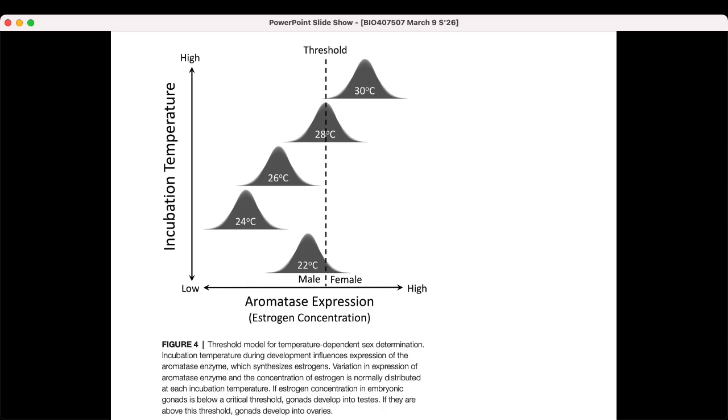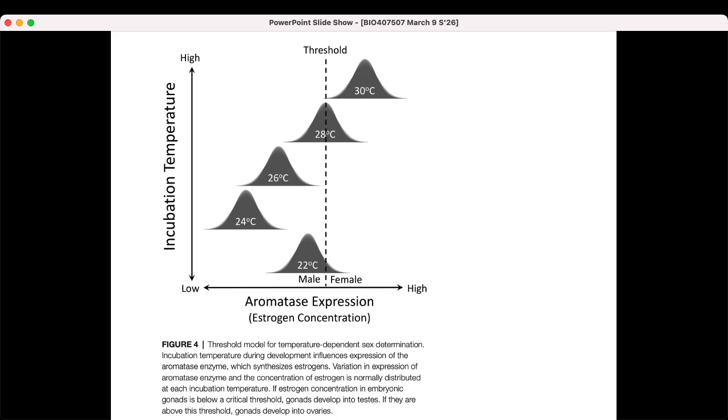Luke also shared with me this data slide. Is this one species or multiple species? I think they're looking specifically at a type of turtle, and they're looking at the incubation temperature and aromatase expression, which usually means the amount of the enzyme, but I think they're probably hoping to refer to the overall activity of the enzyme because they have in parentheses estrogen concentration.